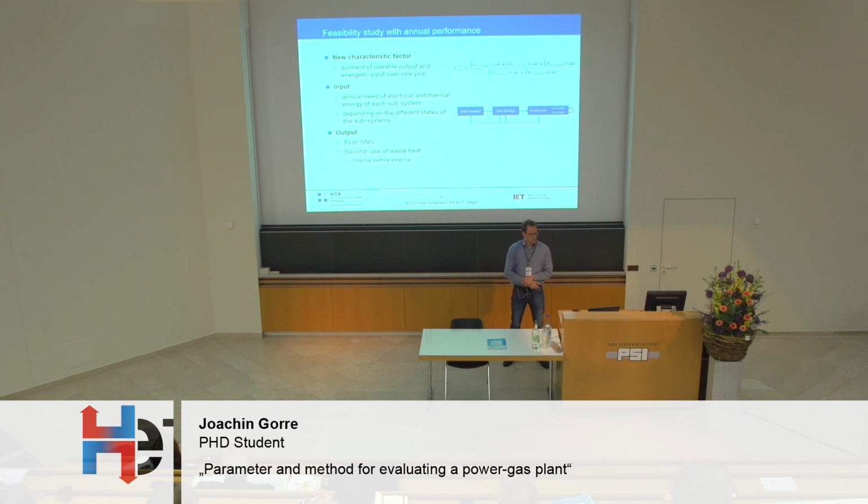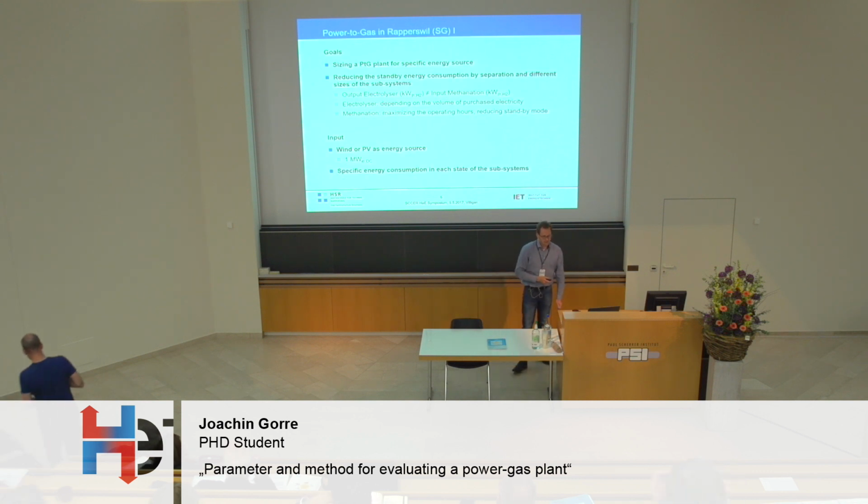The output, I told you before, is first SNG, second the use of waste heat, because a power-to-gas plant has the goal to produce SNG and not heat. If you want to have a higher efficiency and use heat, you can do power-to-heat, not power-to-gas.